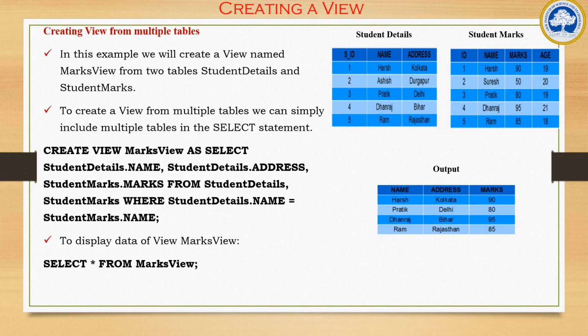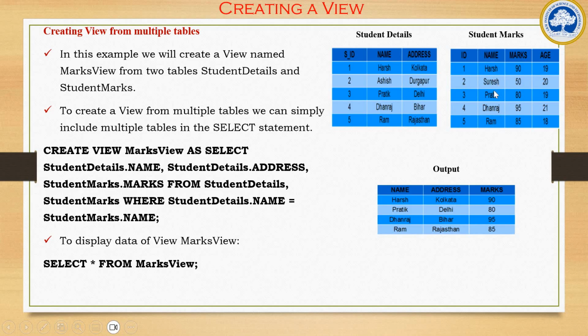When we look at these two tables, all the content is not similar. In the first table the data is Harsh, then Anish, Pratik, Danraj and Ram. In the student marks table, it is Harsh, Suresh, Pratik, Danraj and Ram.